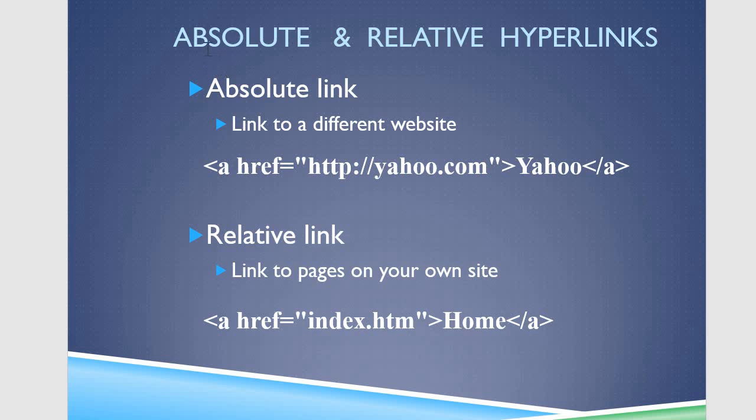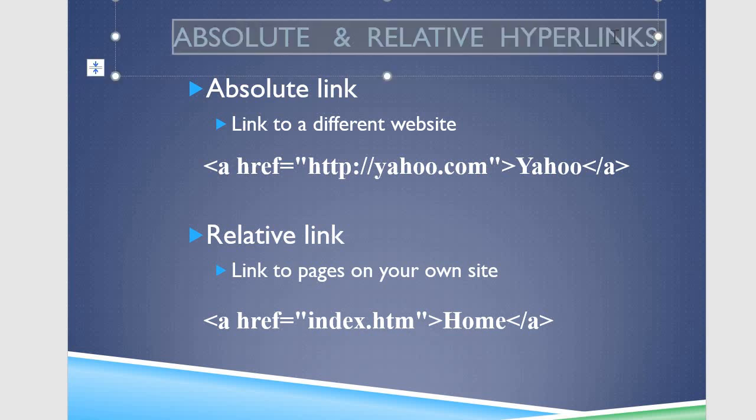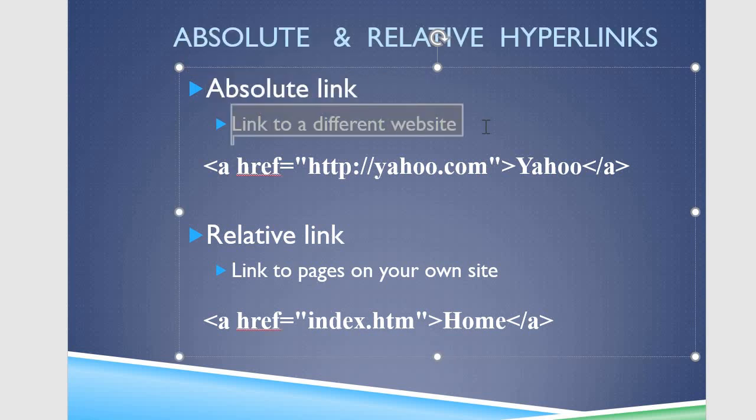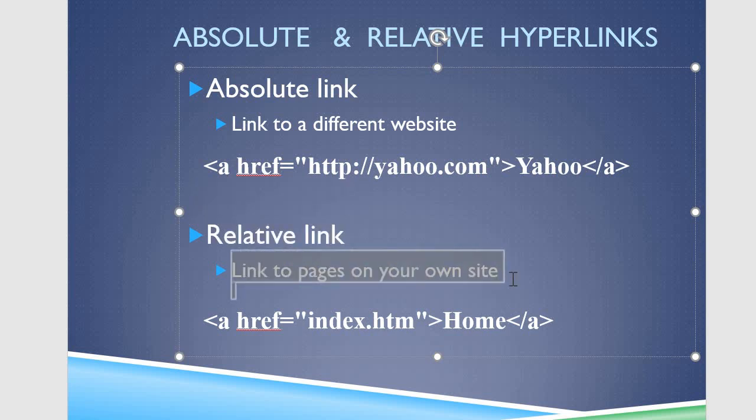Then the next one, this also you have to study: absolute and relative hyperlinks. An absolute link goes to a different website. For example, href http://yahoo.com, and the text. It specifies the hyperlink reference to a file, and also the text. Then a relative link links to a page on your own site.